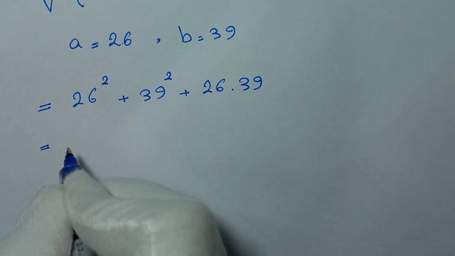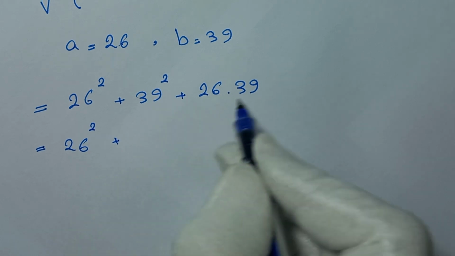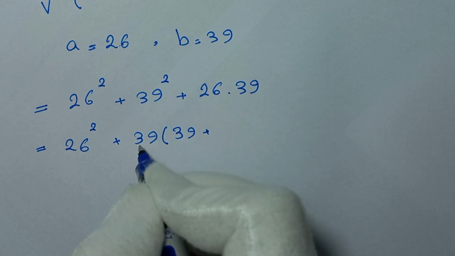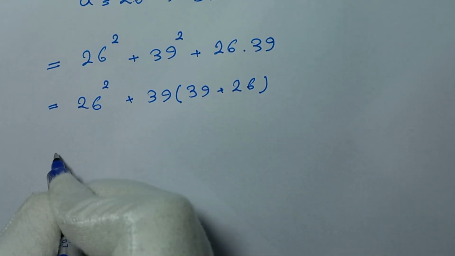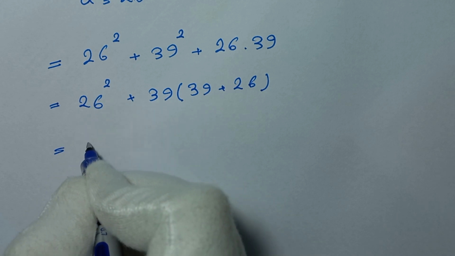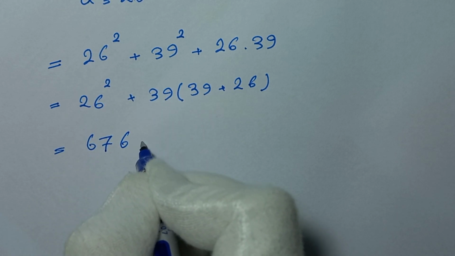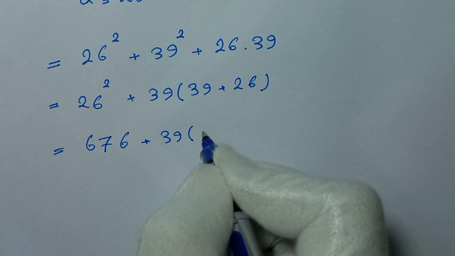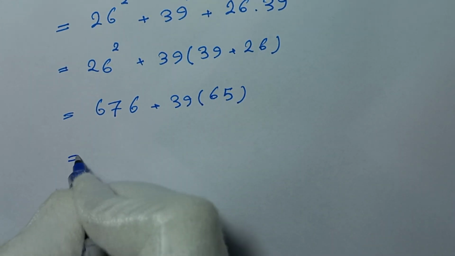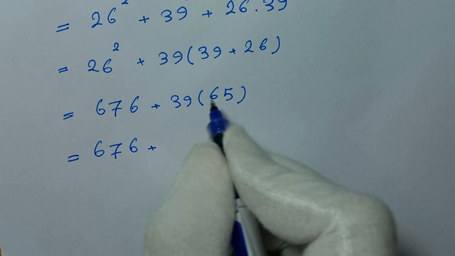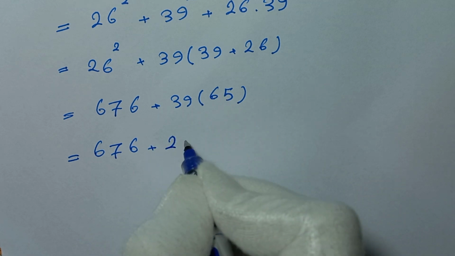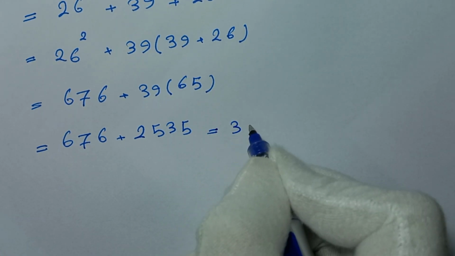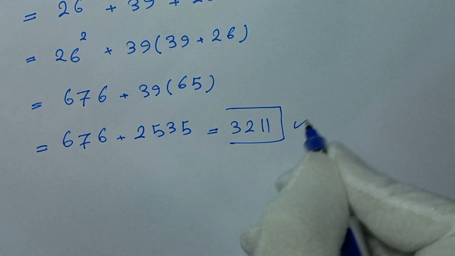And this is equal to 26 to the power of 2 plus, here we factor 39, so this divided by 39 will be 39, and this divided by 39 will be 26. 26 to the power of 2 will be 676, and plus 39 times, here 39 plus 26 will be 65, and this is equal to 676 plus 39 times 65, which will be 2535, and this is equal to 3211, and this is our final answer.